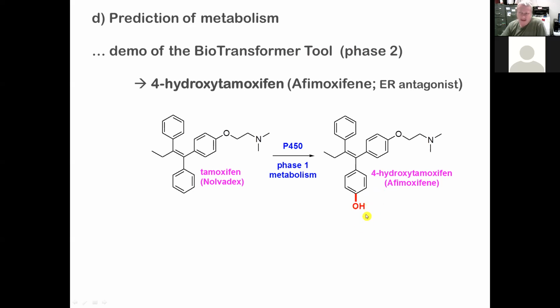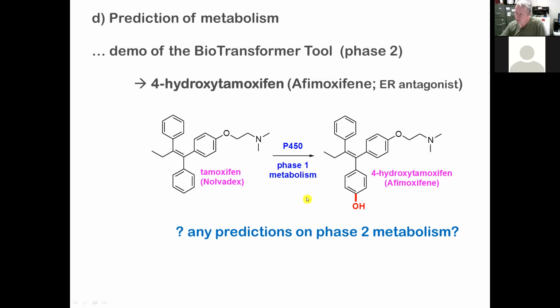One was glucuronic acid. It was like a sugar with an acid, and that would make an ester. Other ones were like sulfate. So sulfate can get conjugated. Potentially an amino acid like glycine or glutamic acid could be attached also. But let's see if the Biotransformer tool makes a prediction about this.